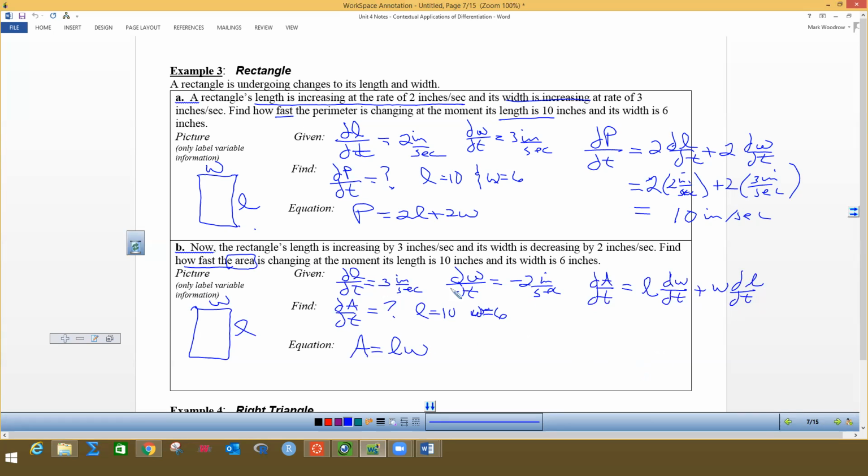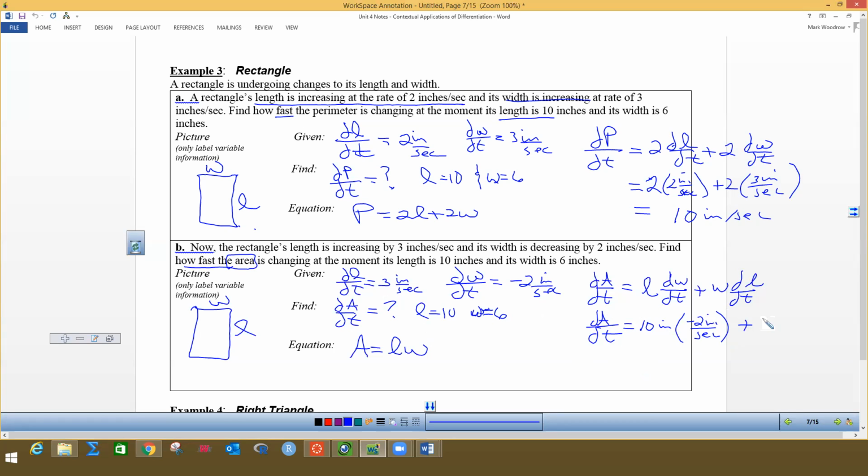And now we got to plug our numbers in. So dA dt, which is what we're looking for, is going to equal, well, we're looking for L when L is 10 inches. So this is 10 inches times dW dt. So that's going to be negative 2 inches per second. And I hope you see that inches times inches is inches squared because it's an area.